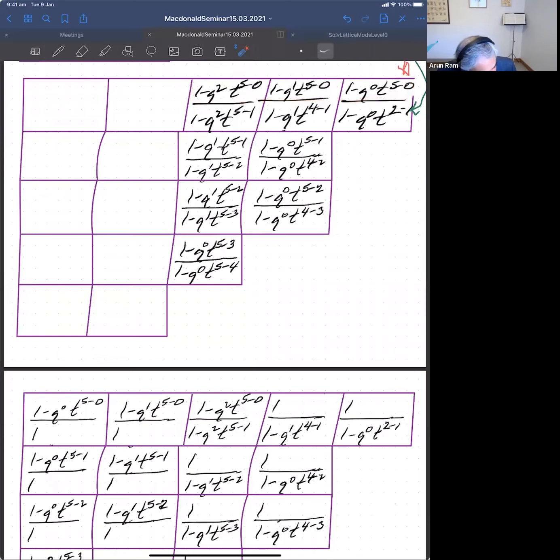These are the same as these three numerator factors. I have just taken (1 - q^0 t^(5-0)) and moved it to the left. Then I have taken (1 - q^1 t^(5-0)) and moved it to the next spot to the left. And so on, I move that to the next spot to the left. And of course, I just put ones. And the denominator, we leave exactly as it was, so it doesn't move any place.